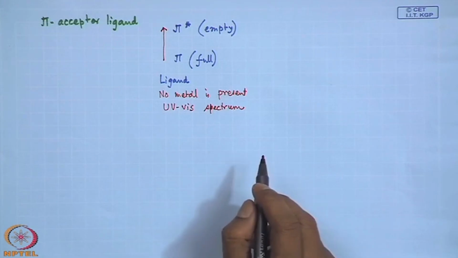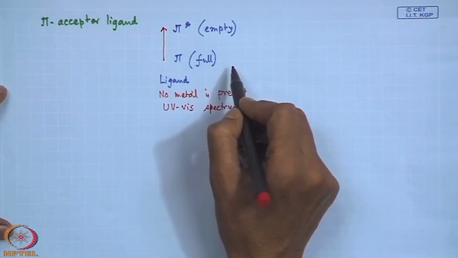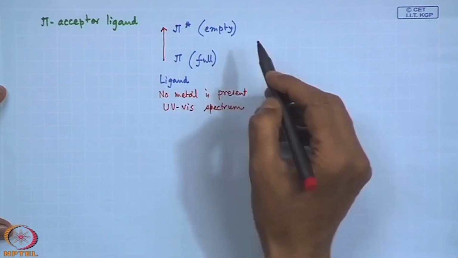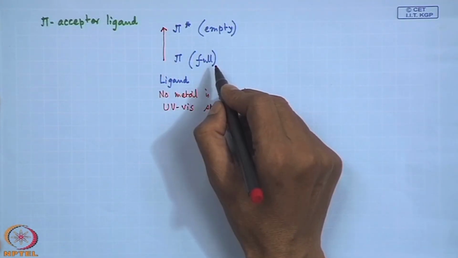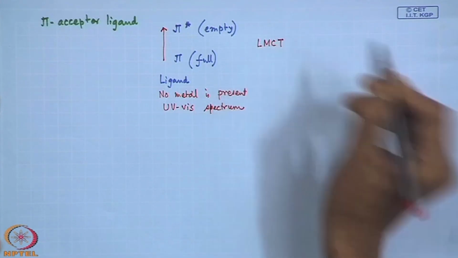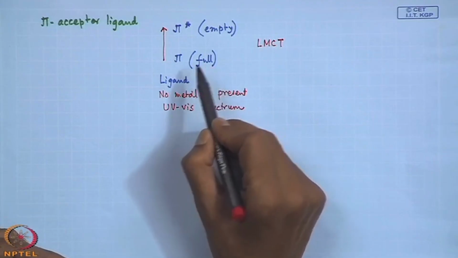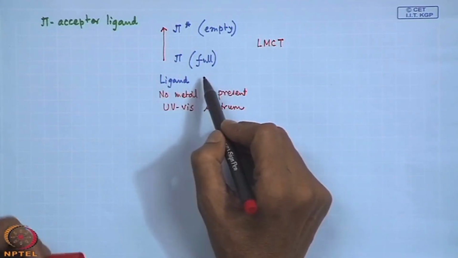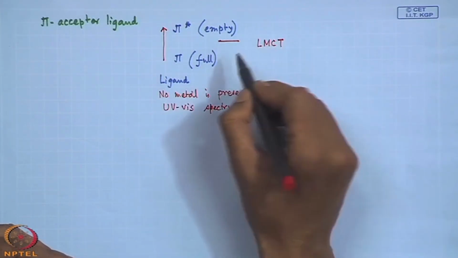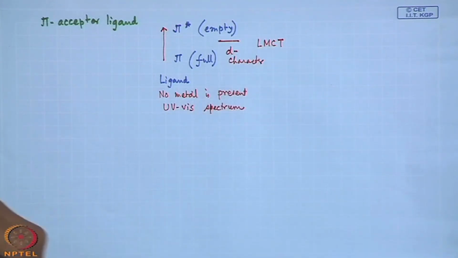But when the metal d orbital comes into the picture, the ligand can donate electron density during coordination, and the ligand to metal charge transfer transition can take place. So, the electronic charge from the ligand pi level can go not only to the pi star level, but also to some intermediate level of d character from the metal ion.